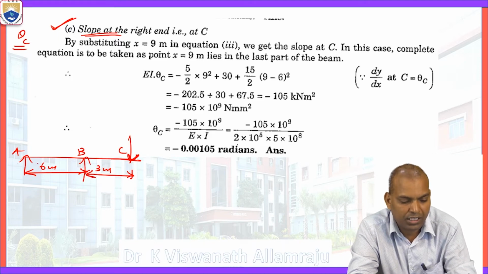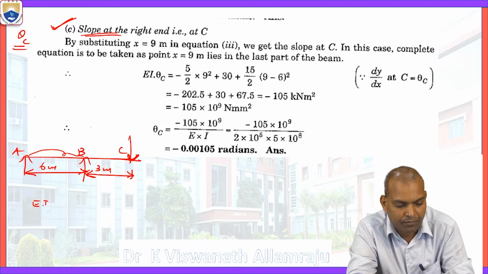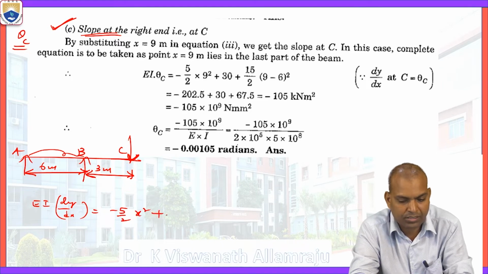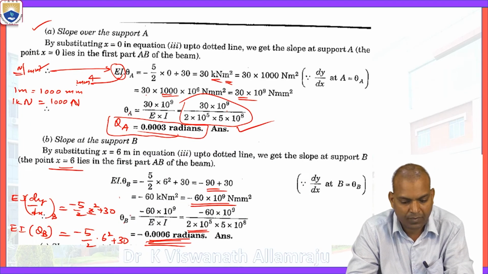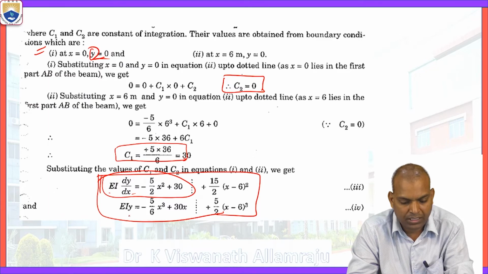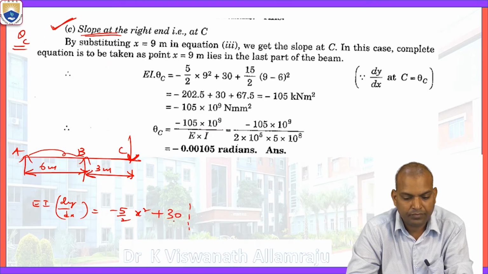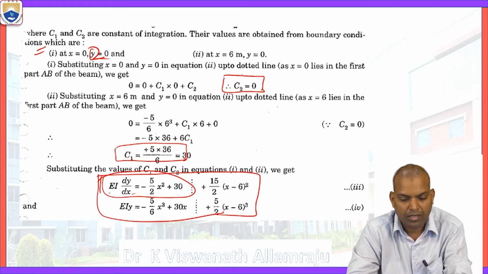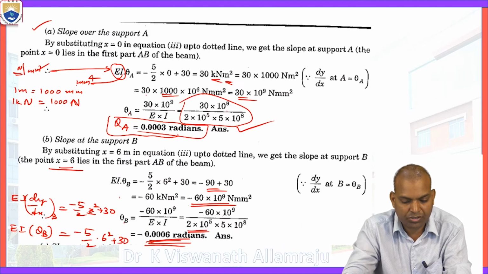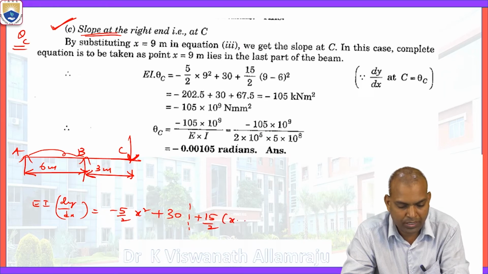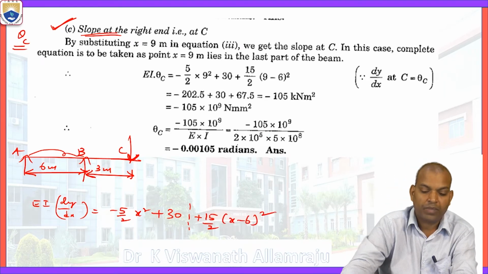So for theta C, there are two portions in the equation. EI times dy by dx equal to minus 5 by 2 times x square plus 30, dotted line, next plus 15 by 2 times x minus 6 whole square.